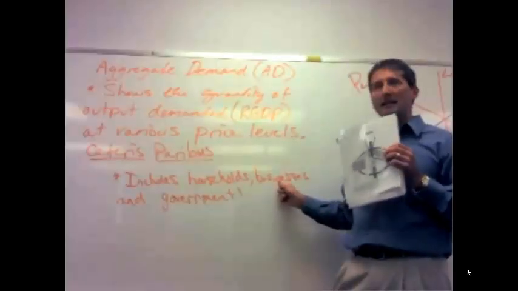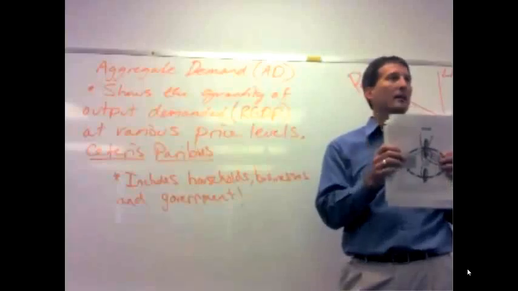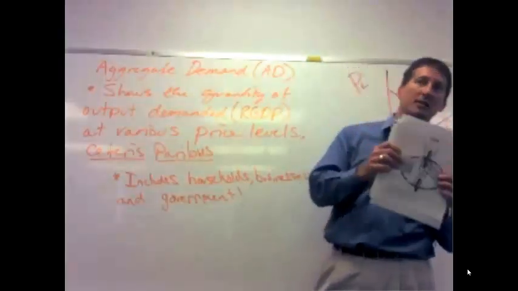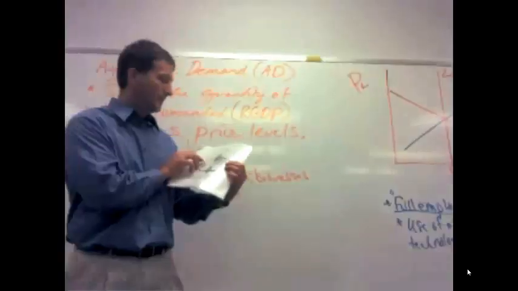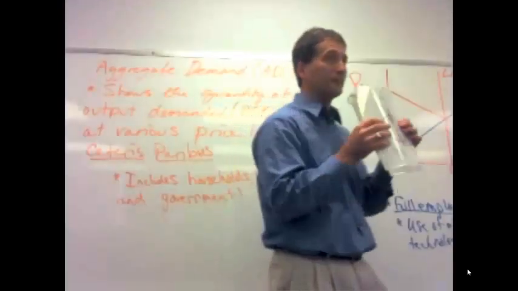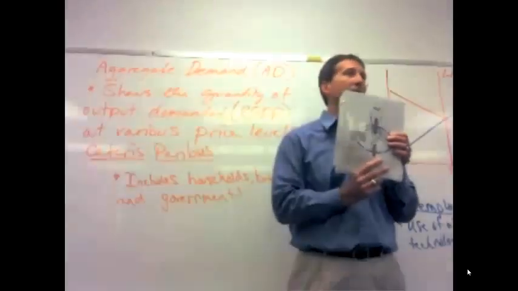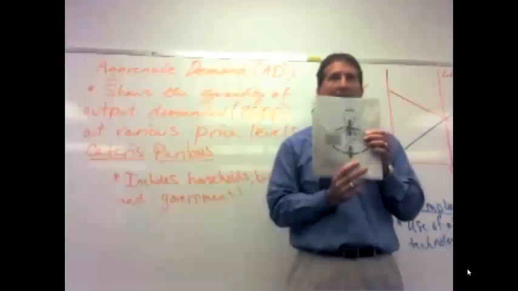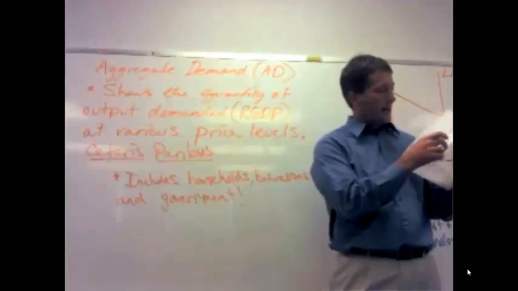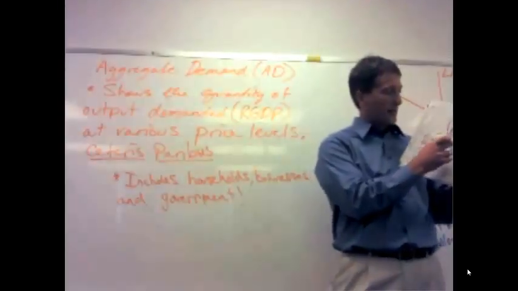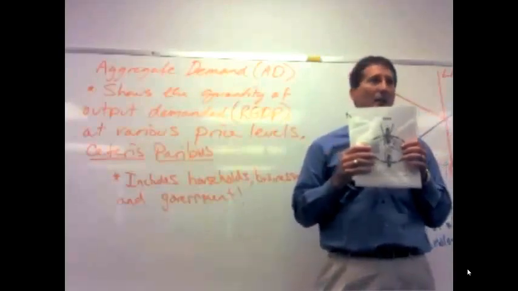So that's where businesses enter the equation of GDP, buying stuff to make other stuff, buying capital equipment. That's investment. The government, buying weapons of mass destruction and other things, runs about 20% of the nation's output as well. So we've got consumption, investment, government spending, and then our last component is net exports.